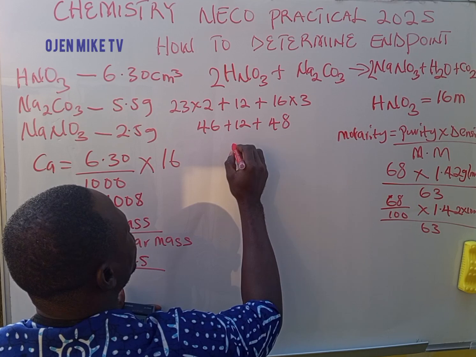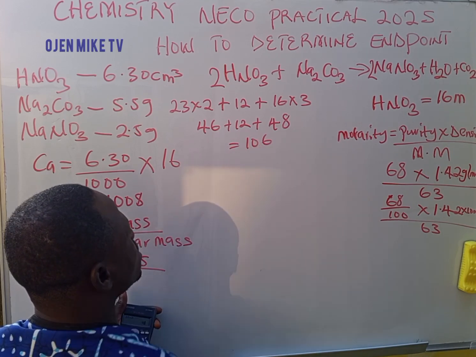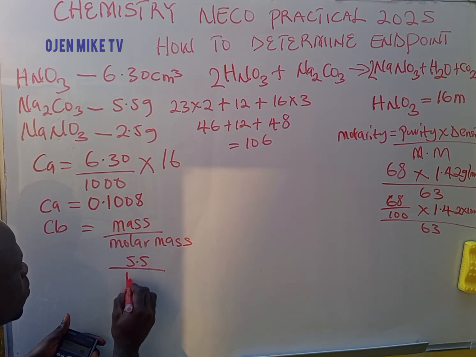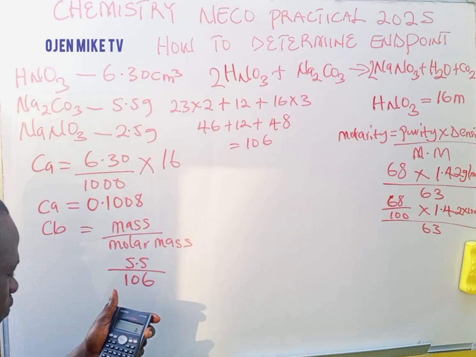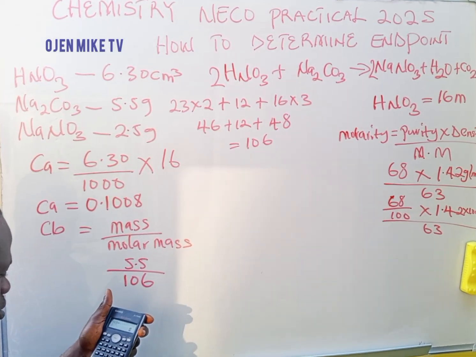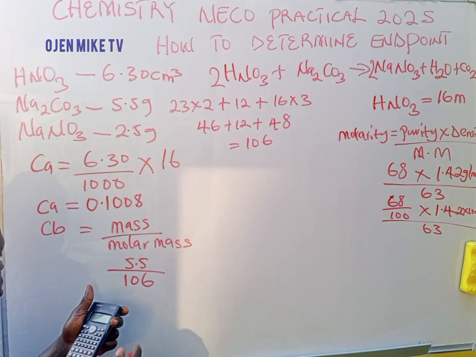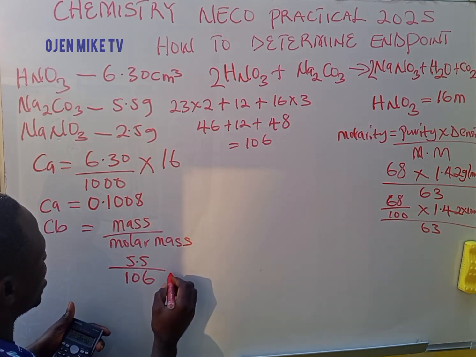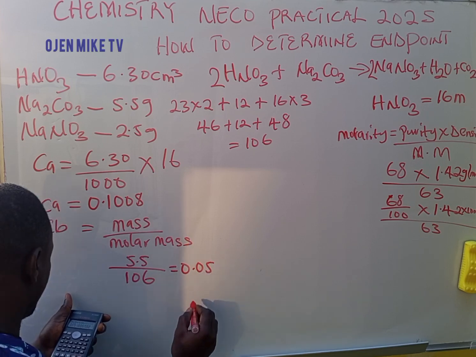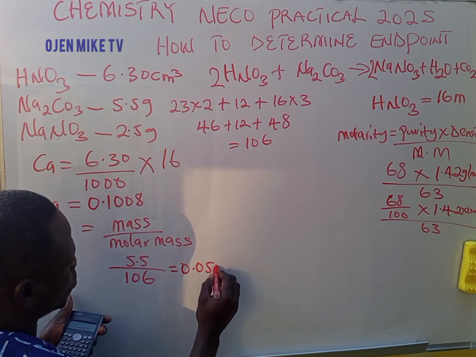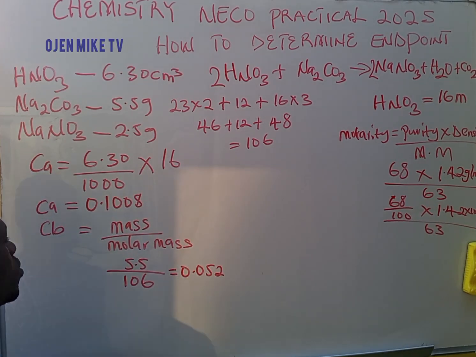At the end we have 106. So 5.5 divided by 106 equals 0.052. We approximate it to 2 moles.